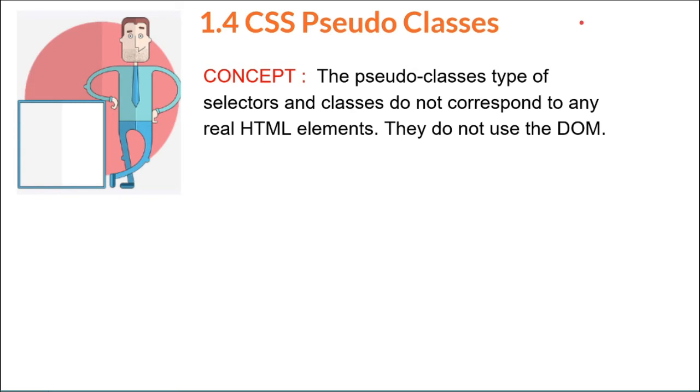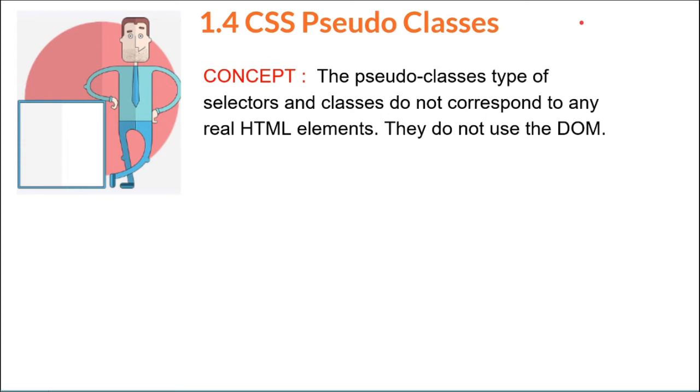These classes don't have real HTML properties, but they are classes derived from HTML elements and describe some kind of attribute or property of the element, which is not available in raw HTML or in the document object model.